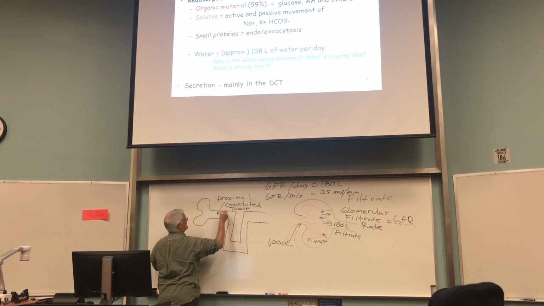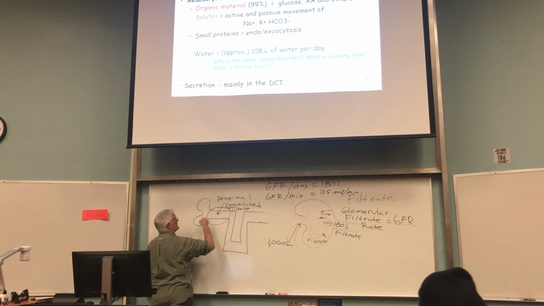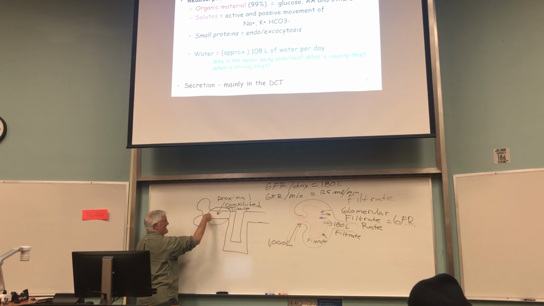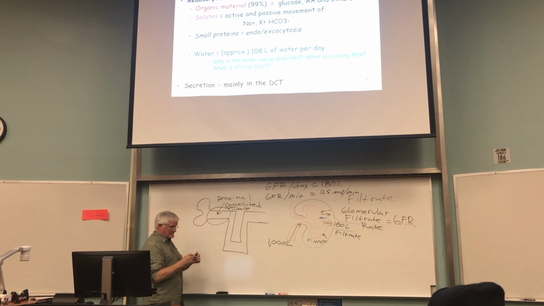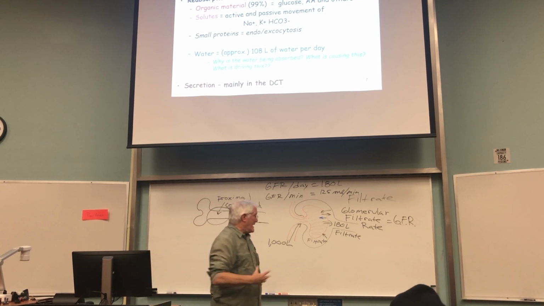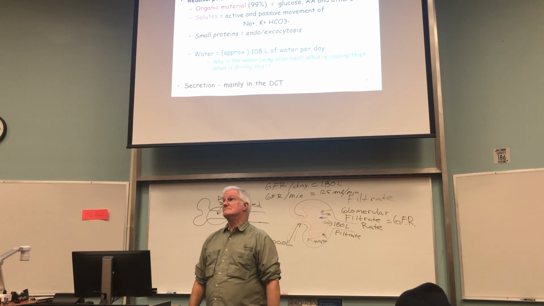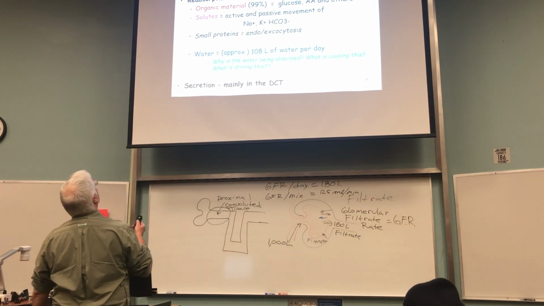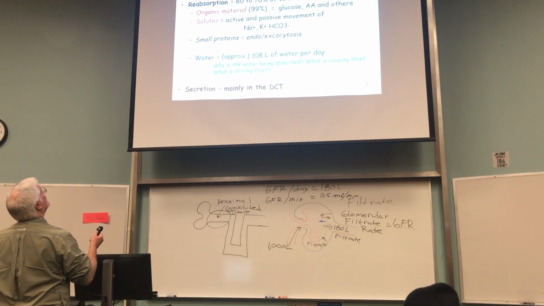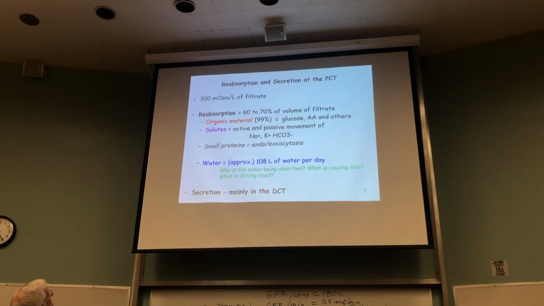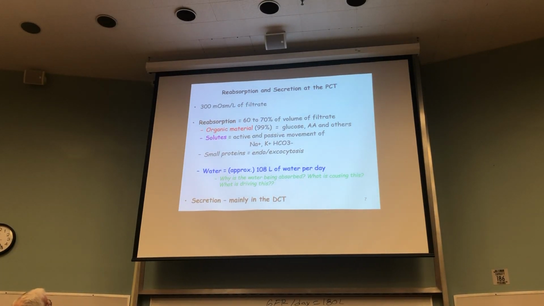That's this thing right here. We are talking about that part of my path. My filtrate is now in here. We know the concentration of filtrate is measured in milliosmoles, and the osmotic value is 300 milliosmoles. And that's due to all the solutes and volume of filtrate in there.